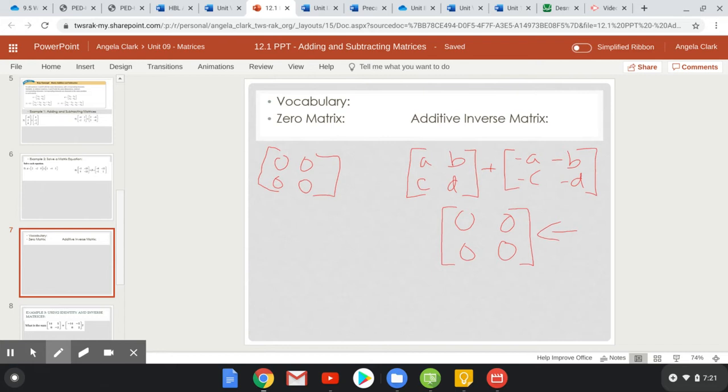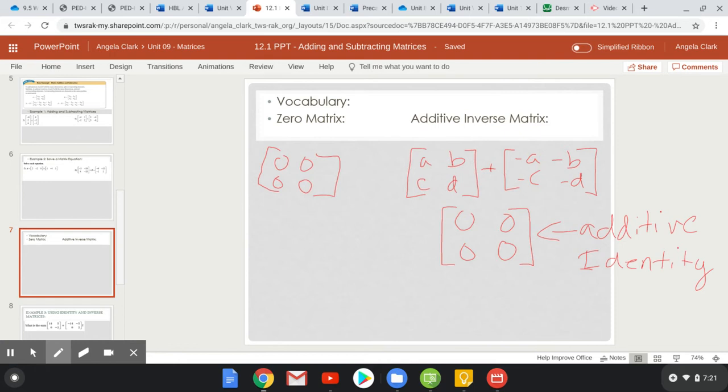So this is the additive identity. The additive identity. So things that we know about identities: when you combine an identity with another thing, that thing doesn't change.